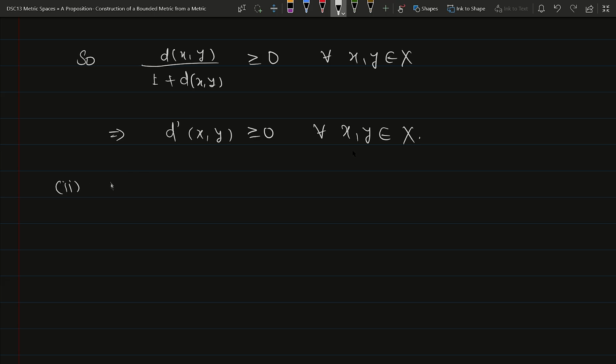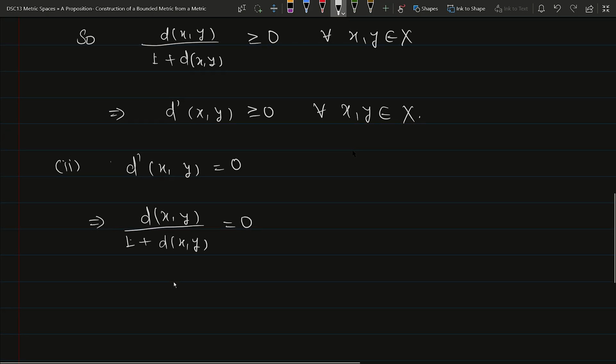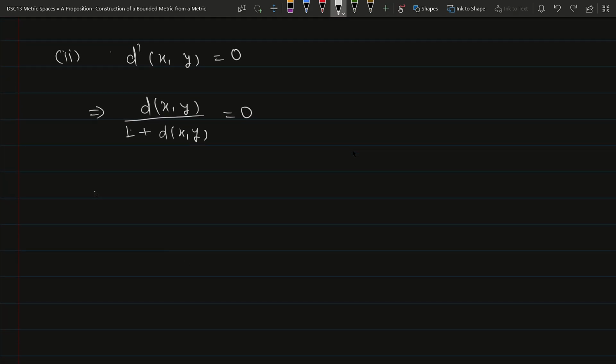The second one is about d prime being 0. So let d prime of x comma y be equal to 0. From this definition we have d of x comma y over 1 plus d of x comma y equal to 0. If we keep this in our habit from the beginning, we will get a lot of practice by the exam, and we will not need to do anything separately. Now this is equal to d of x comma y equals 0, so I can write this as if and only if.